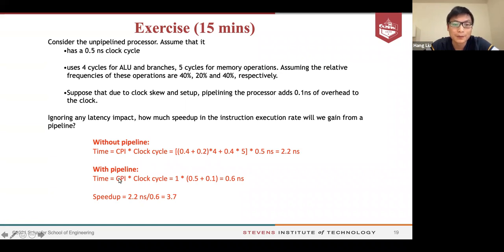With pipeline, because your CPI is 1 and the clock cycle is increased by 0.1 nanosecond, it's 0.6 nanoseconds. So we can see the speedup of using pipelining over without pipelining is about 3.7 times. By doing this, you purely gain, you change nothing, okay? You just do the pipelining scheduling, you get 3.7 times faster. That's a lot of saving, okay?